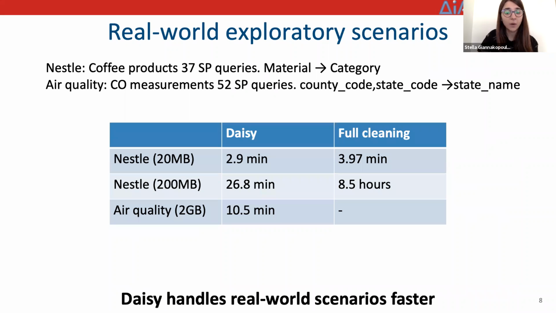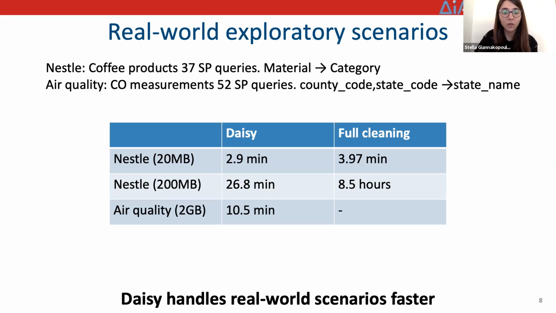So in this experiment, we measure the response time of 2 real-world exploratory scenarios. First, we evaluate the response time of our running example, where we execute a set of queries over the Nestlé database to look for coffee products.